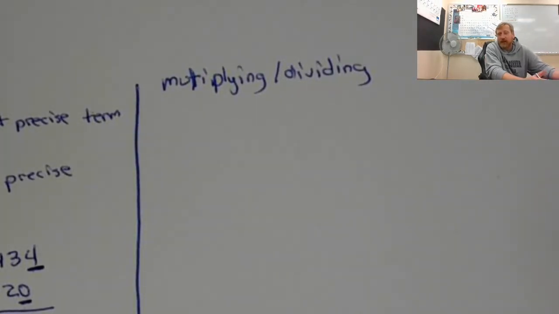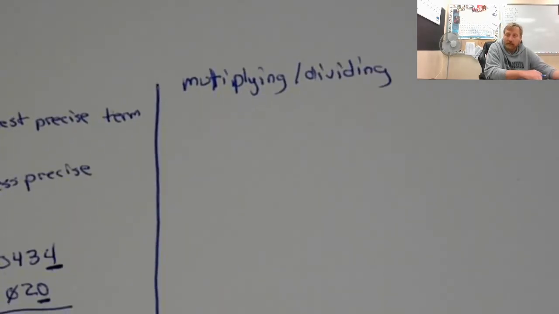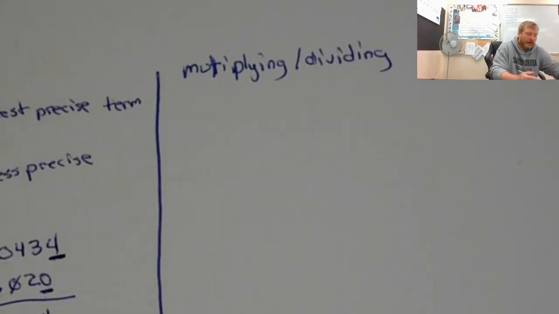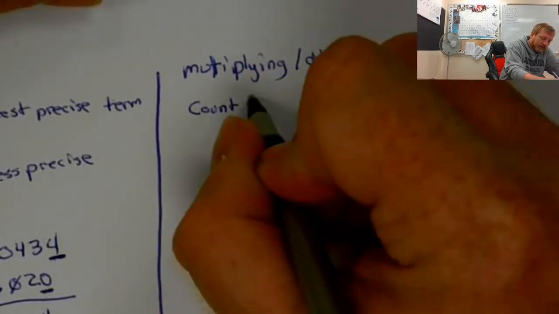This is all about preserving which digit is being guessed at, or where the uncertainty is, to make sure that the last digit we're reporting in our answer is where the uncertainty lies, so that if another person looks at that, they know exactly what we measured, what we knew for sure, and what we guessed at. Anyway, multiplying and dividing, the rule is to count the number of sig figs in each term.